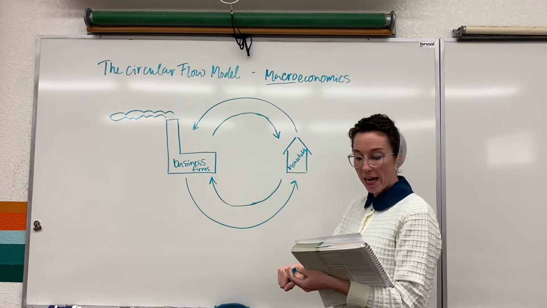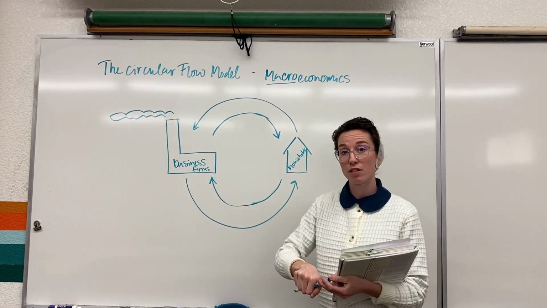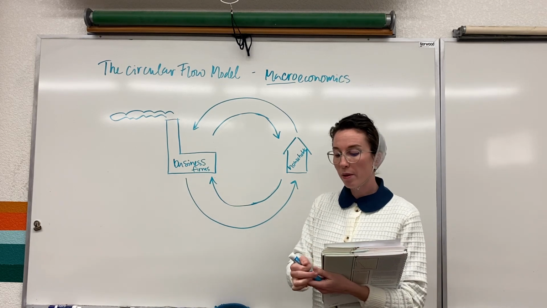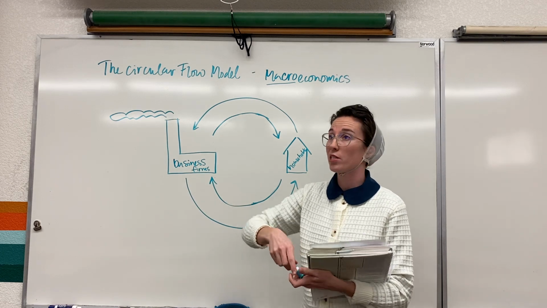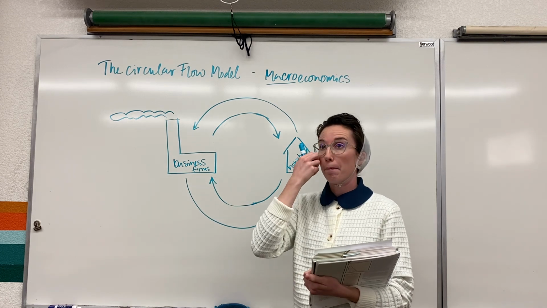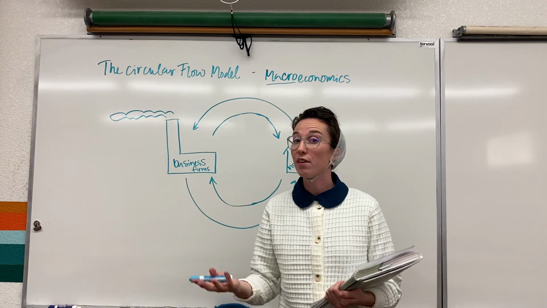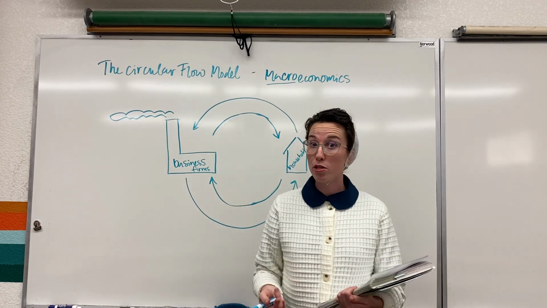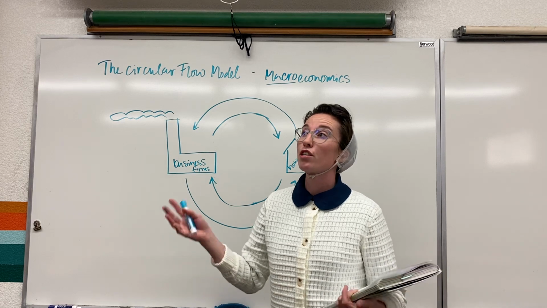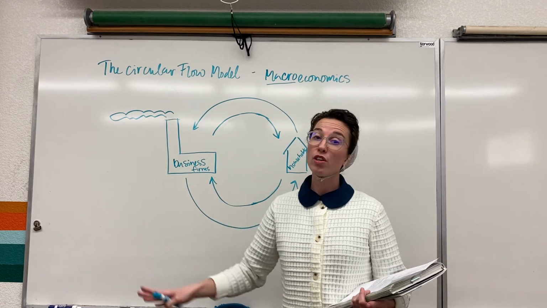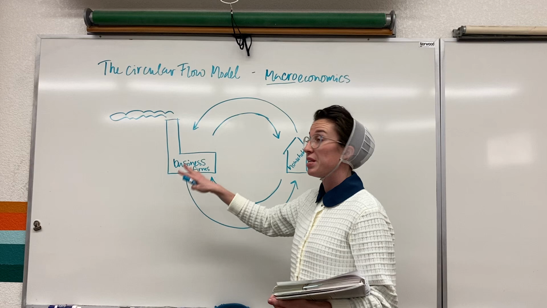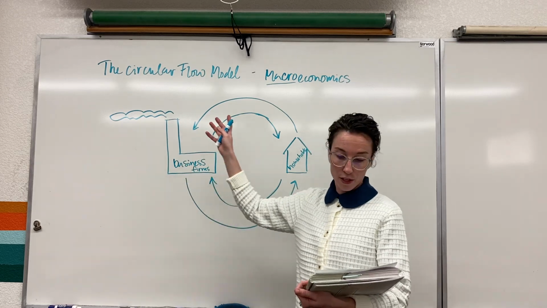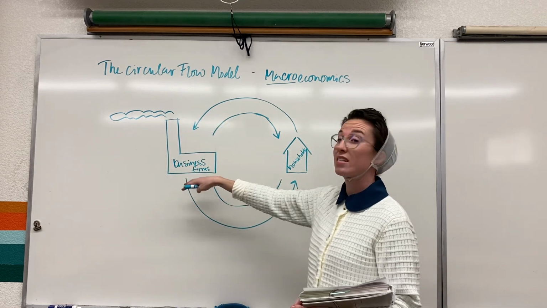The first one that we have is gross domestic product, or GDP. And you'll remember GDP, we talked about it a lot in cultural geography, the GDP of different countries. And what the GDP is, or the gross domestic product, is a total of all of the goods and services that businesses give to households or sell.